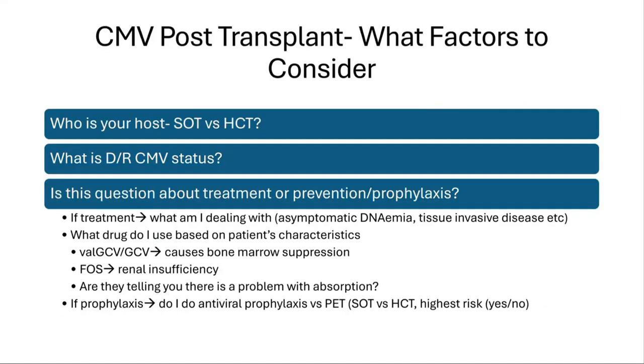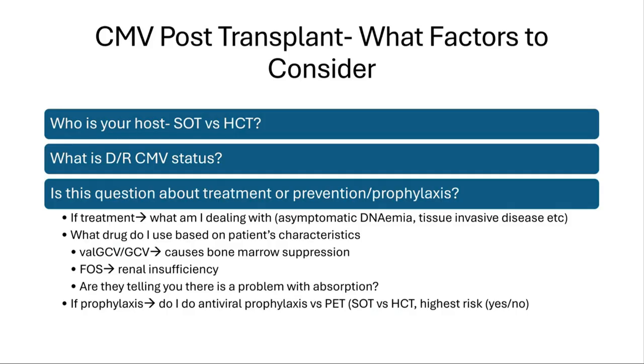So in a nutshell, when you get a question on CMV post-transplant, first of all, you ask yourself, am I dealing with SOT or HCT? What is the donor and recipient CMV status? Look at that so you can determine if your patient is at highest risk versus intermediate versus low.